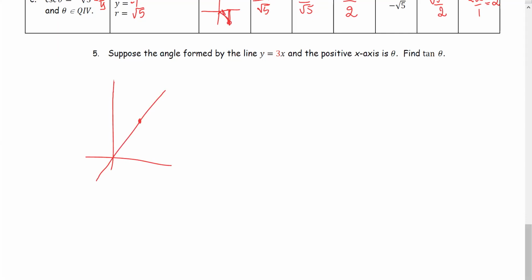Any ordered pair on the line would have an x, and the y is triple that x value. The tangent theta is defined by y over x. Since the y coordinate is triple the x coordinate, y is 3x for any x. Therefore, the tangent is 3.